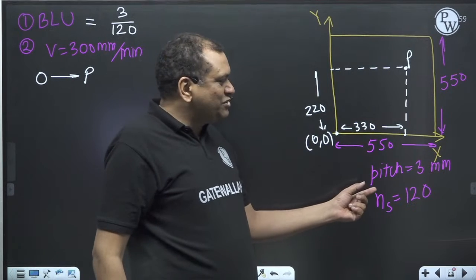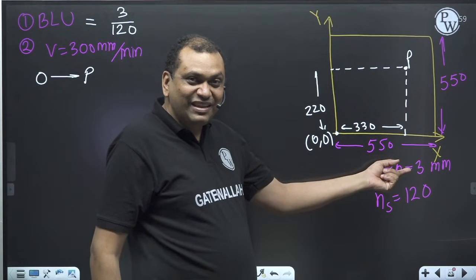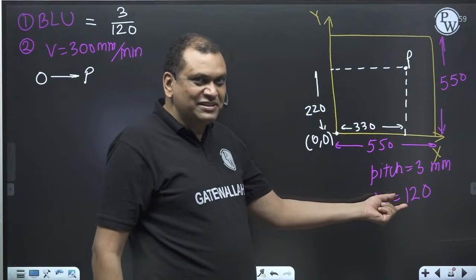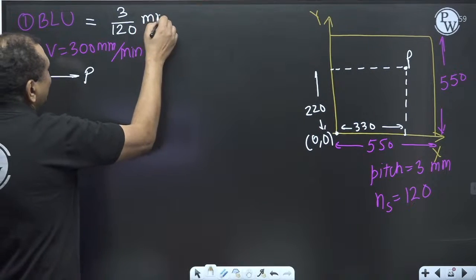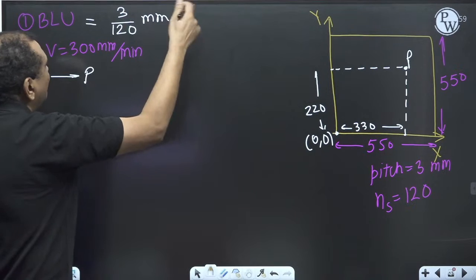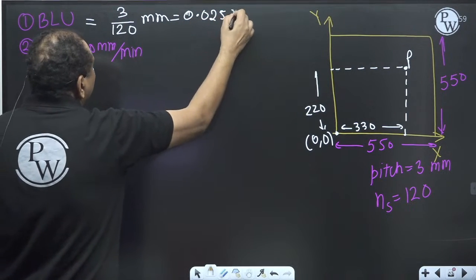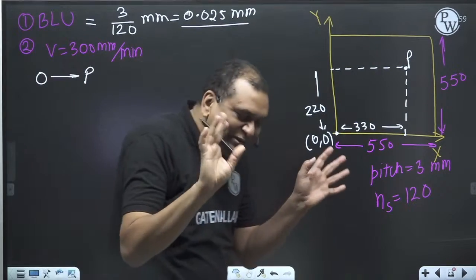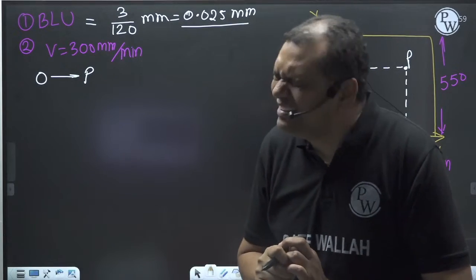In one revolution, it advances by 3 millimeters, and in one revolution, 120 pulses will come. So corresponding to one pulse, how much is the movement? Solve this. 0.025 mm. This is the BLU. So BLU calculation is not a problem.